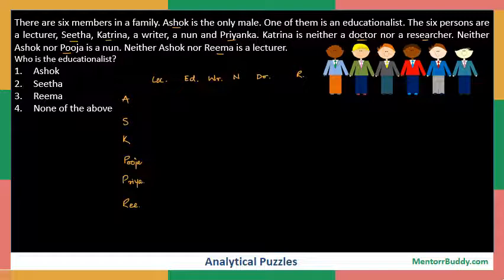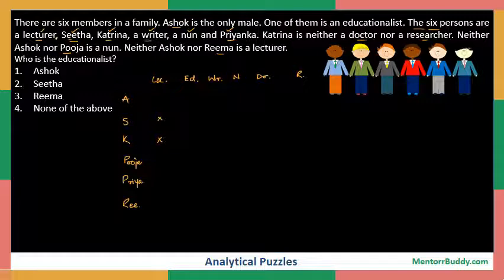The first line says the 6 persons are a lecturer, Sita, Katrina, writer, nun, and Priyanka. Now please understand, a lecturer, comma, Sita, Katrina. That means Sita and Katrina cannot be lecturer. So I'm just going to put a cross in front of Sita's name where lecturer is coming. So Sita and Katrina cannot be a lecturer.